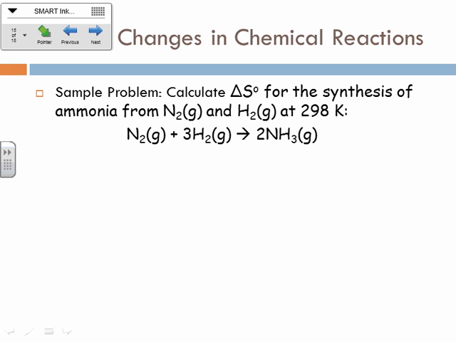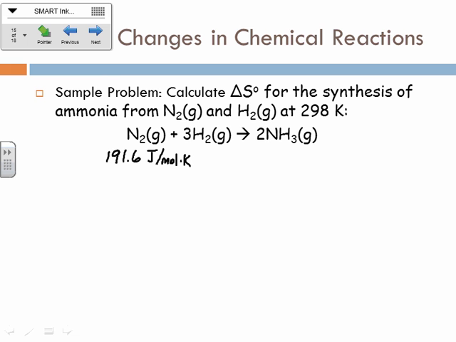I think there's a chart in the book on page 753. Okay, so that would help us out with this. So the standard entropy for N2 gas is going to be 191.6 joules per mole times Kelvin.